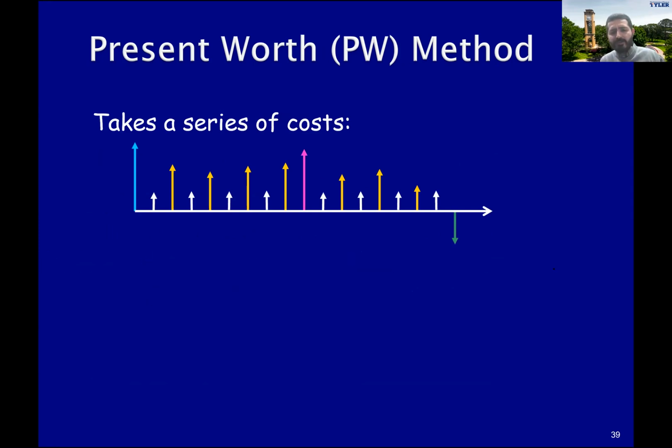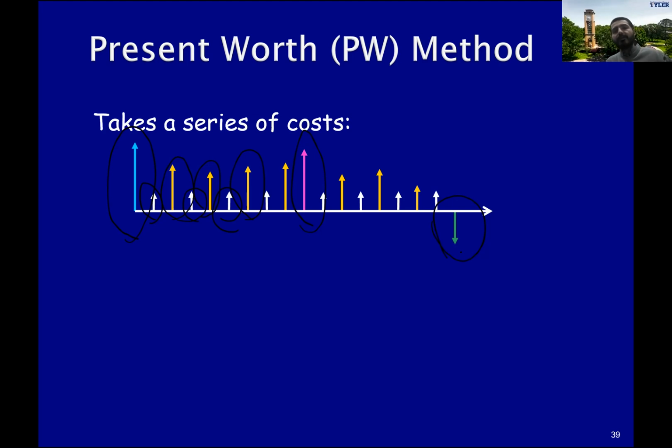This is how I like to put it in a visual way. So let's say again, these are all the costs that I'm expecting in the future, including the first cost, the small routine cost, some bigger maintenance costs, or even major rehabilitation, as well as the salvage value.